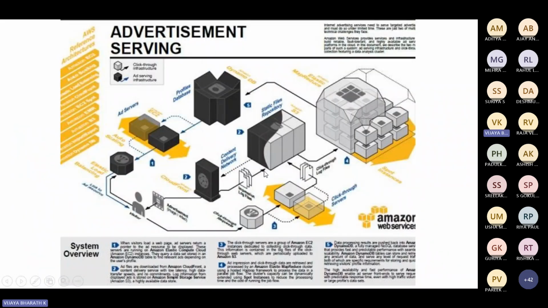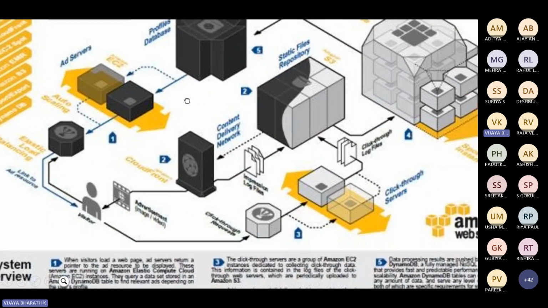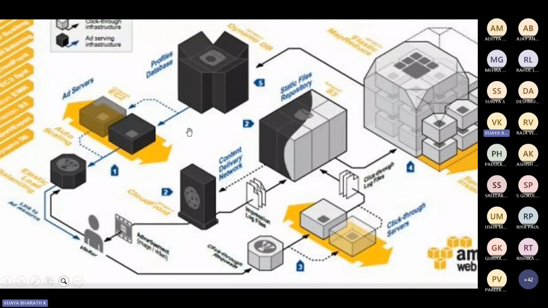Next is advertisement serving. A lot of applications based architecture you can see here. How a visitor is accessing the advertisement, and how your data is delivered to you through CloudFront. All the data will be delivered to you.